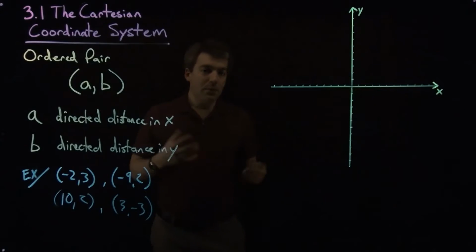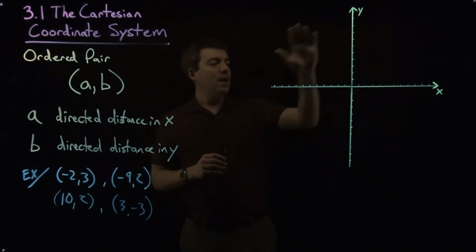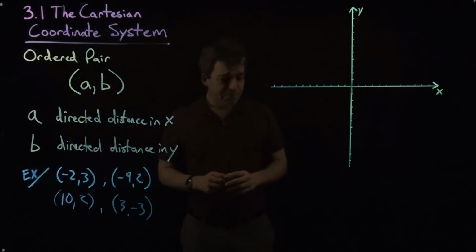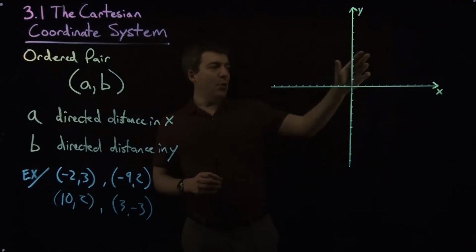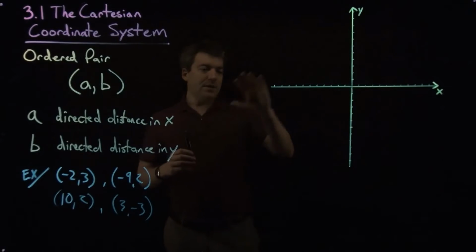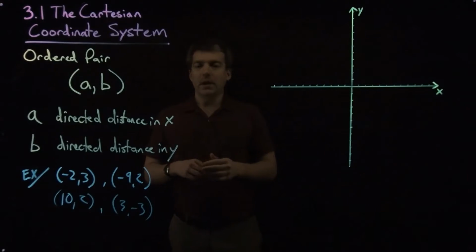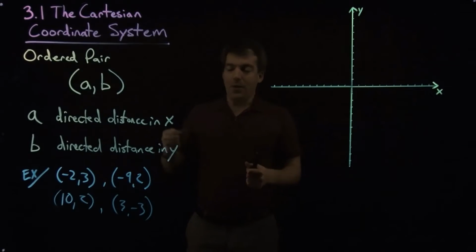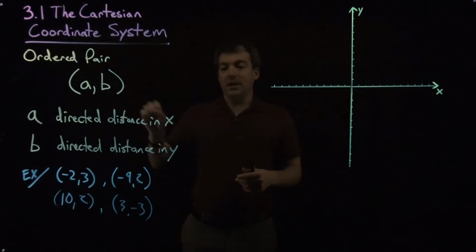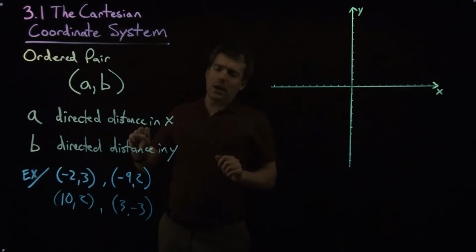This is a way of locating points in the plane. So if you imagine the surface here of the board as a plane, we'd like to indicate points on it. Now this is a distinction from geometry, because in geometry we have points and lines and we can have polygons and things, but there's no orientation really.